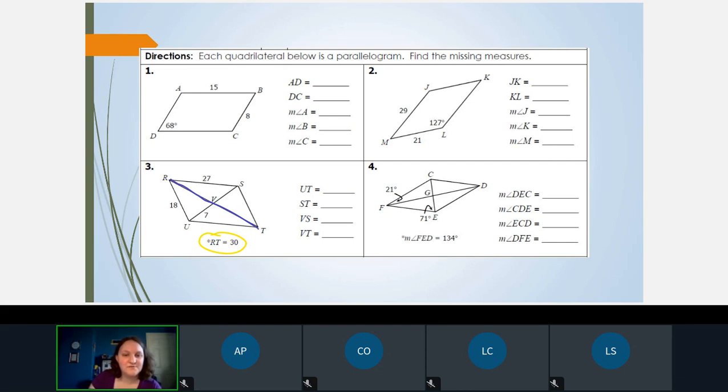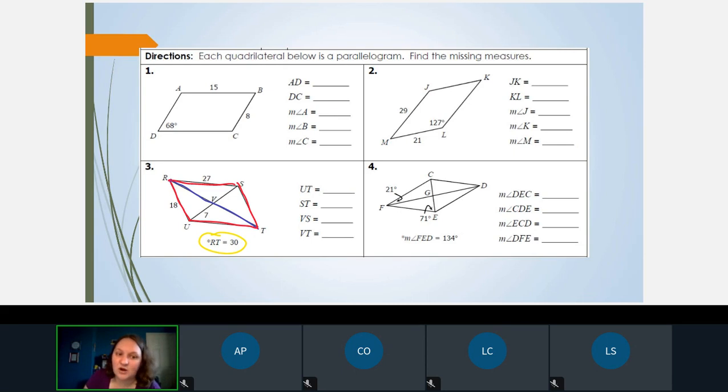All right, so let's review just for a moment what a diagonal is. A diagonal is a segment that connects opposite angles of your quadrilateral. So my parallelogram that I'm talking about here is in red, my RSTU. Any segment that connects opposite corners is the diagonal.